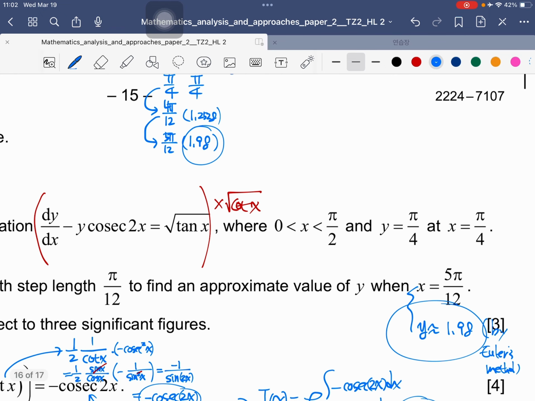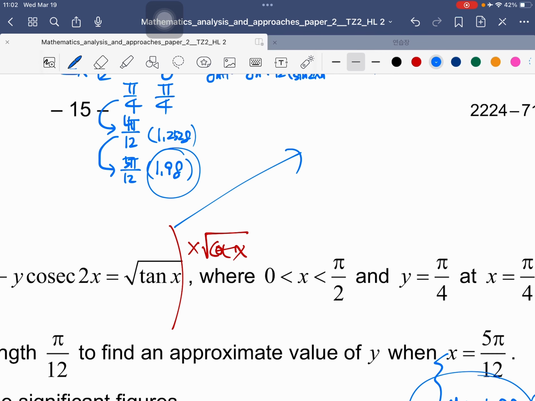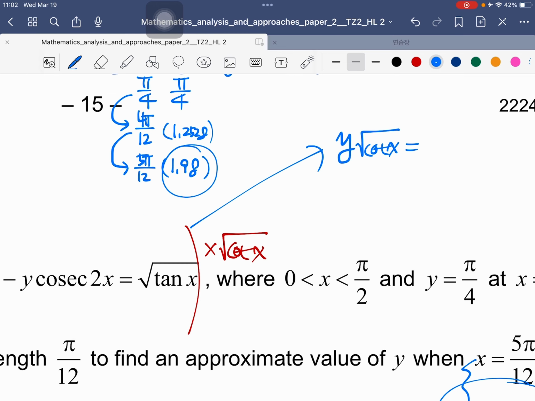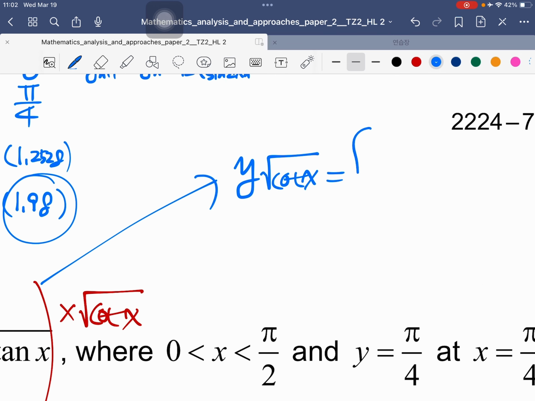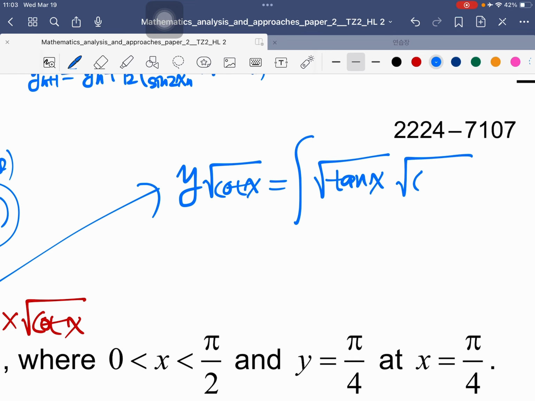This equation will give us y times the square root of cotangent of x equals, on the right side, the integral of square root of tangent of x times square root of cotangent of x dx.